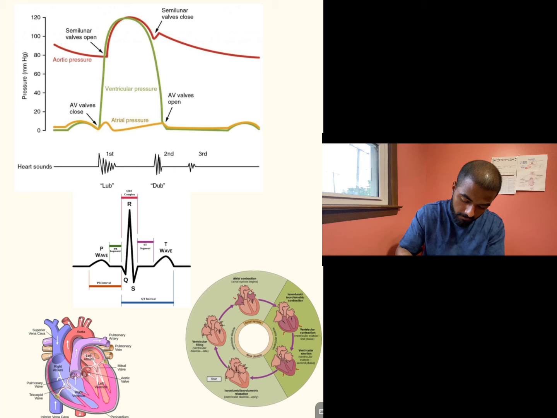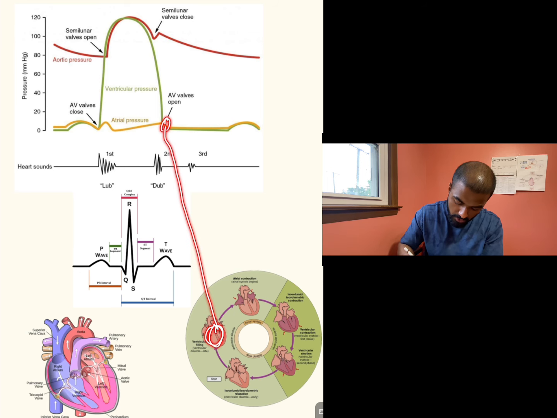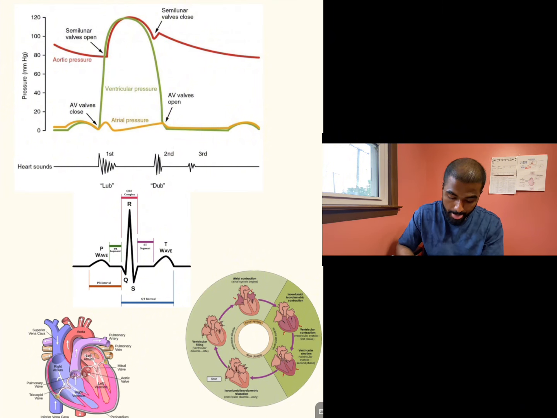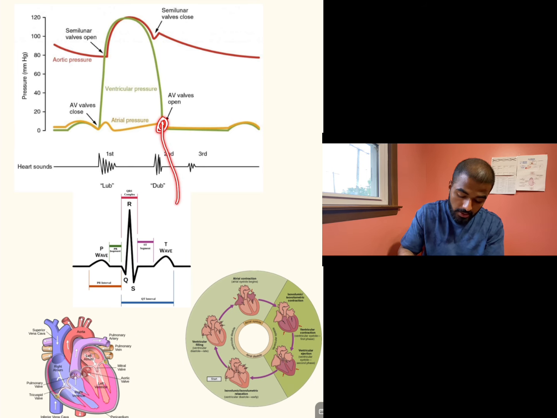So we have the Y slope that shows passive filling into the ventricles right here. And also the V wave, which shows ventricular relaxation. It's going to demonstrate the T wave on the EKG.